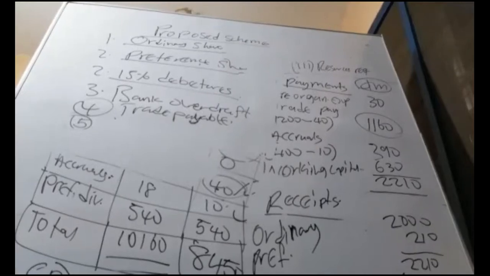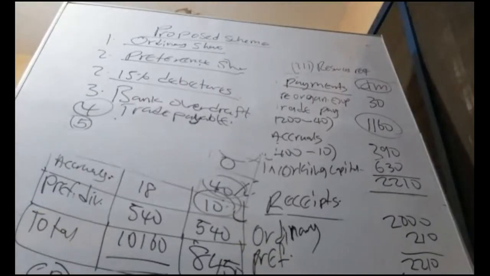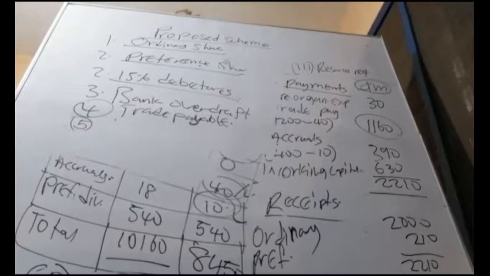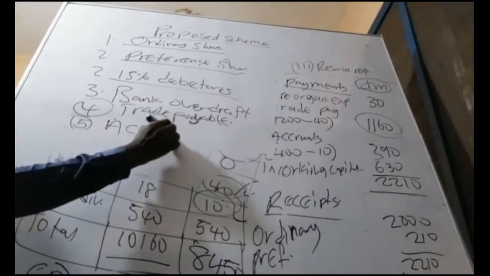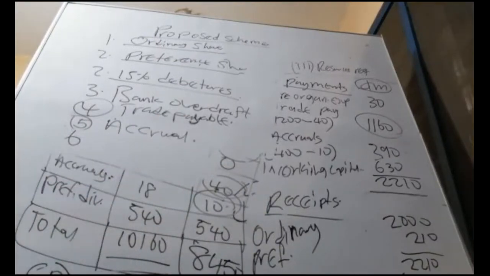Oh, sorry, it's 10 million, not 18 million. 10 million of the accrued expenses must be cancelled, the remaining balance being paid now. Done. Sixth one, at least write 7 to 10 notes, and you're okay.